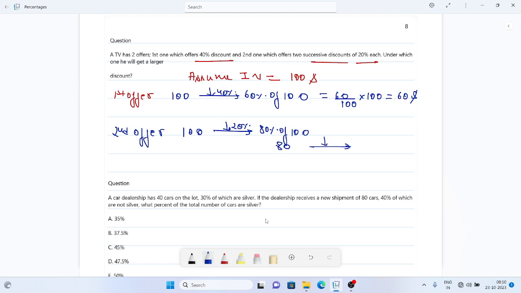Again decreased by 20%, which is 80% of 80, which is 0.8 of 80. Here you get 64. So in which do you get the larger discount? In the first one you get the larger discount.